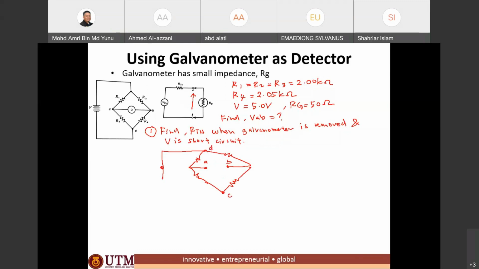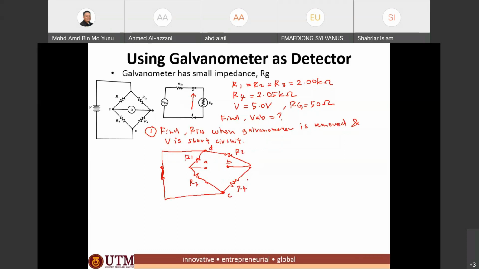So here we short circuit V. R1, R2, R3, and R4.